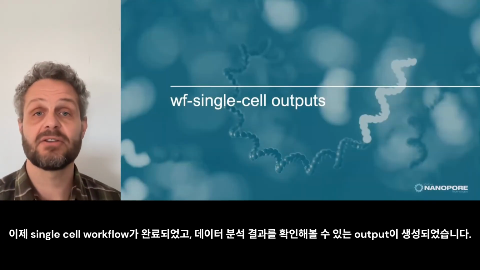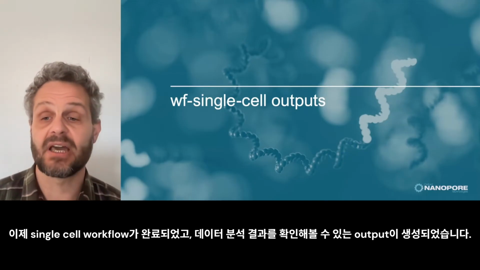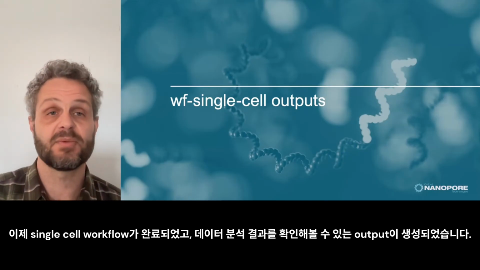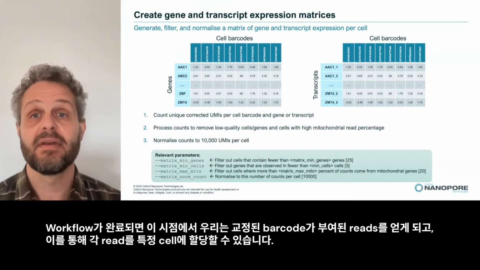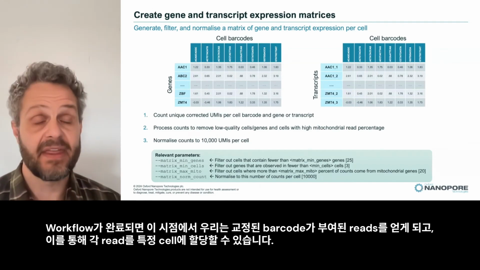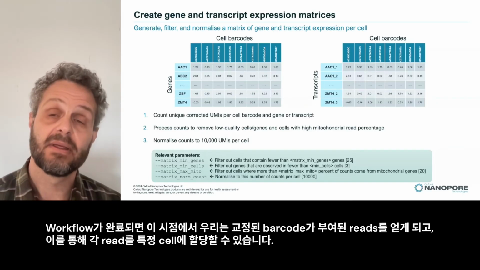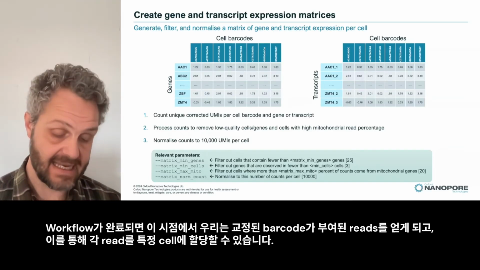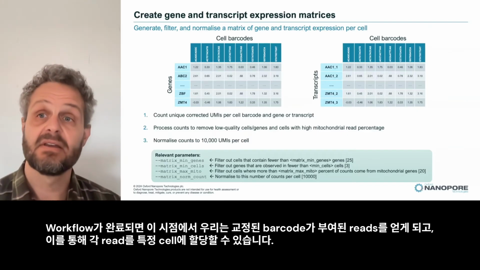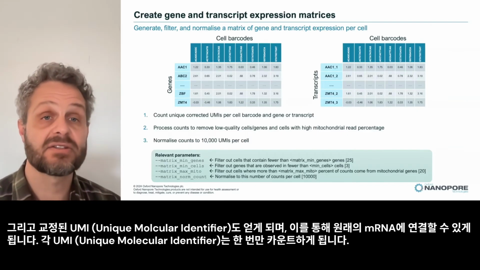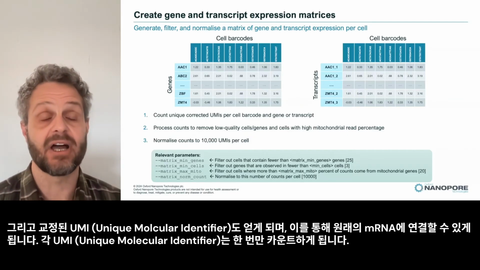Okay, so now that wf-single-cell is completed, we should have some outputs that we can look at, so we'll go over some of those now. At the end of the workflow, we will have some reads that are assigned a corrected barcode, so we can assign it to a cell, and a corrected UMI, so we can assign it to an original mRNA molecule.